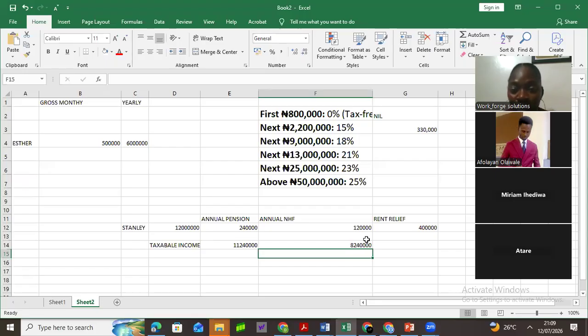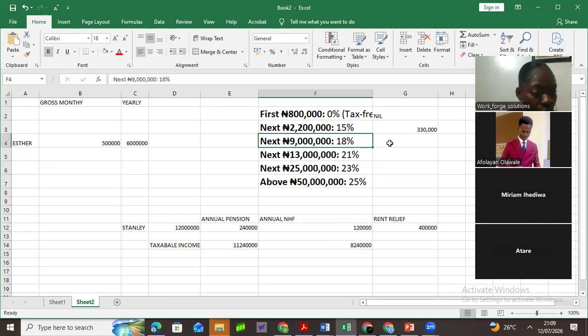Yes. So where did we stop? We removed 2.2, right? Yes. So we still have more than 9 million. So 18% of 9 million. Sorry.